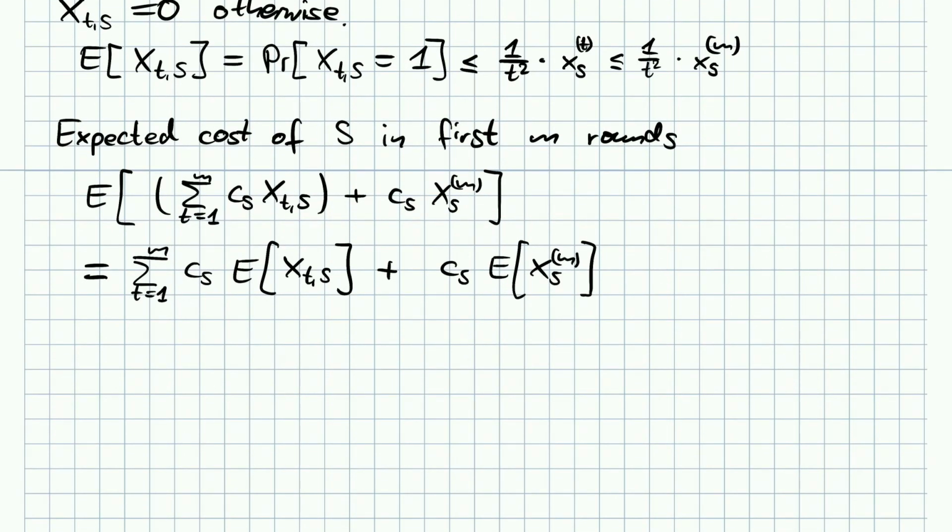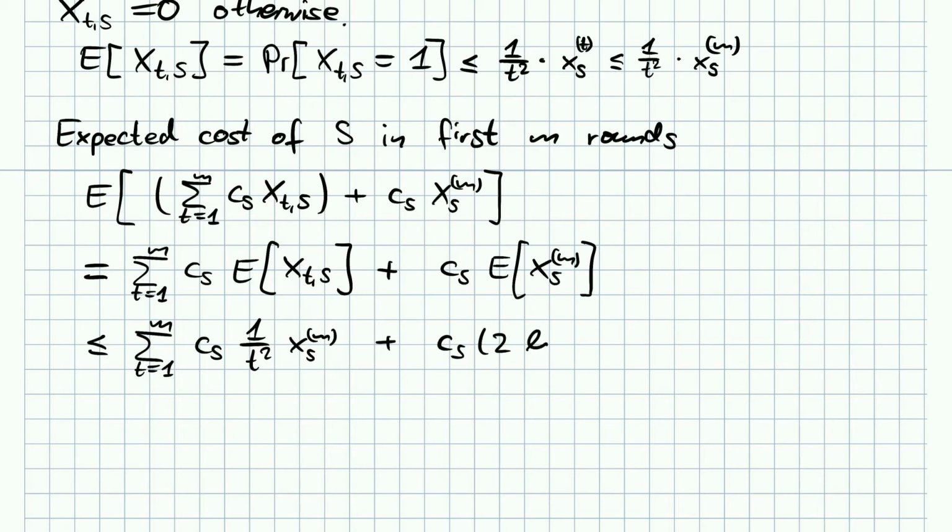How big are these things? Well, this expectation here we have already bounded. That's cool. So this is at most 1 over t squared times x_S at time m. And what's the probability that this has been chosen due to part A?